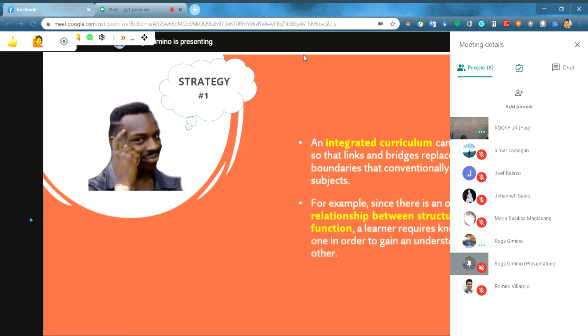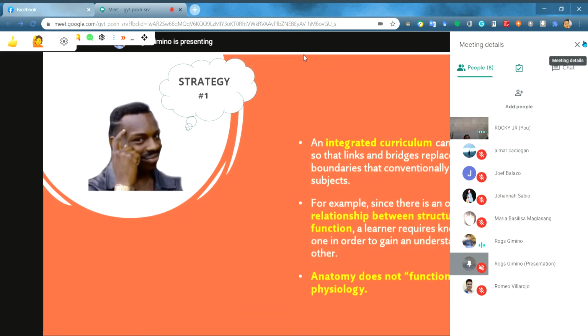So, for example, since there is an obvious relationship between structure and function, a learner requires knowledge of one in order to gain an understanding of the other. So, anatomy does not function without physiology.